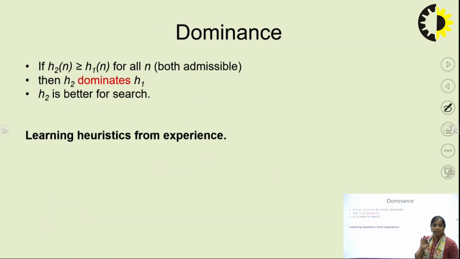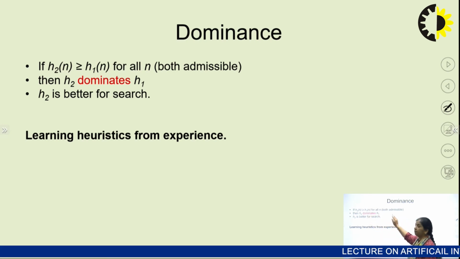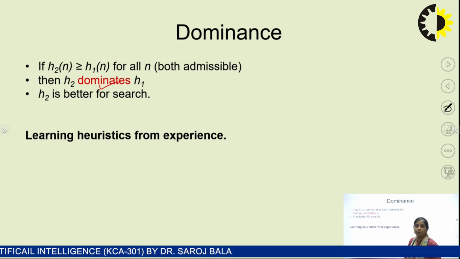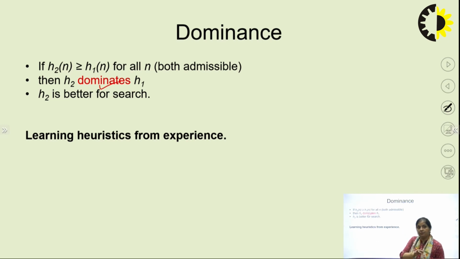If we are having two heuristics, h1 and h2, and both are admissible, it means both are less than the true cost. If h2(n) is greater than h1(n) for all n, both being admissible, then we say that h2 dominates h1. So which one should we take? The one which is dominating the other one. So h2 is better for search.